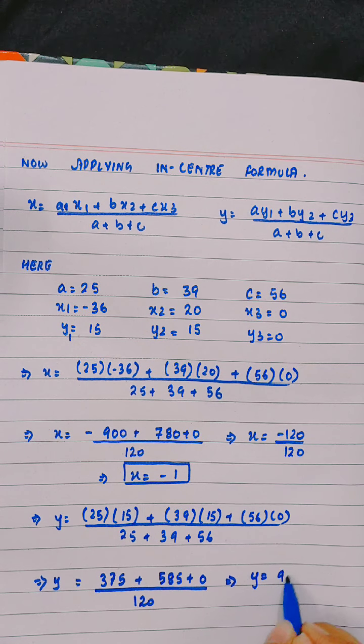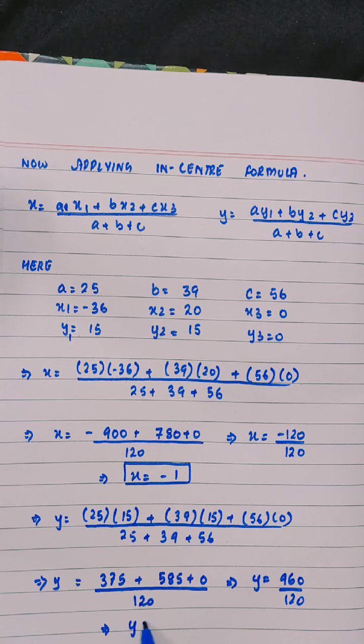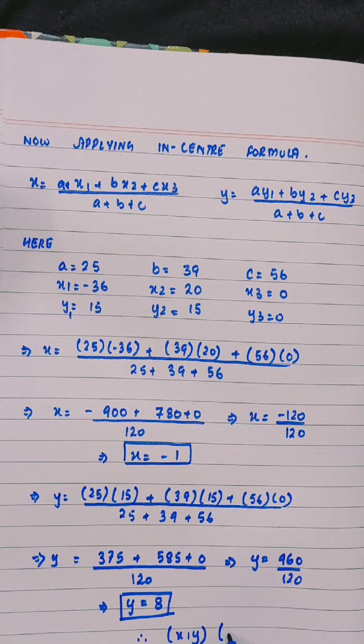Y is equals to 960 divided by 120 and y is equals to 8. Therefore, coordinates of incenter x comma y is minus 1 comma 8.